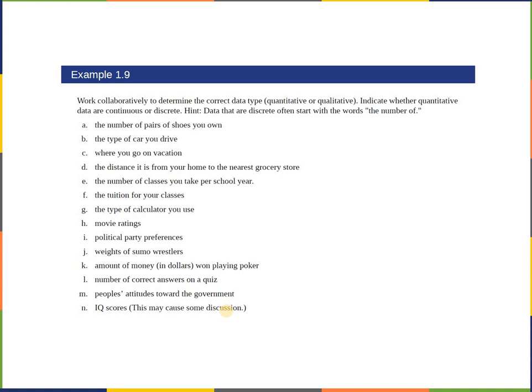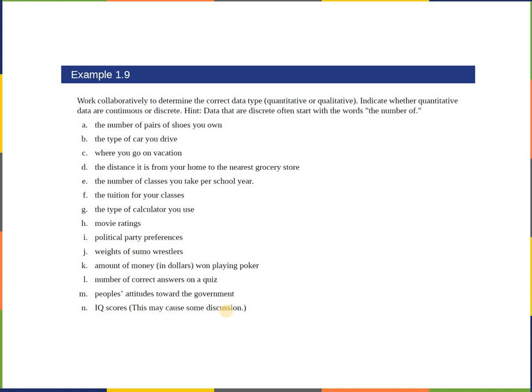So we're going to start with the first one. The number of pairs of shoes you own. This type of data is going to be, you guessed it, quantitative. And it is discrete. You can't have half a shoe. So it doesn't count. I mean, you can if your dog chewed on it, but it doesn't count. It's not a shoe anymore.